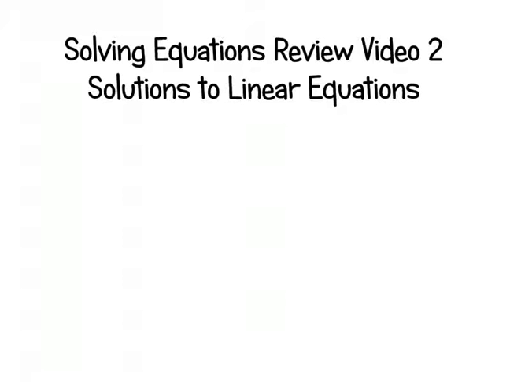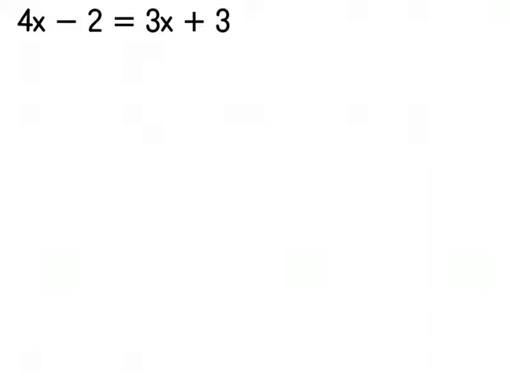Okay, now that you've done that, let's go ahead and talk about solutions to linear equations. We've done this many times now in and out of class. When we solve an equation, we want to get x alone by itself on one side. So we're going to do all the steps that we already know to do. We want to get all the x's together.